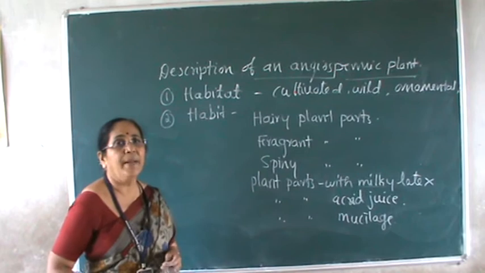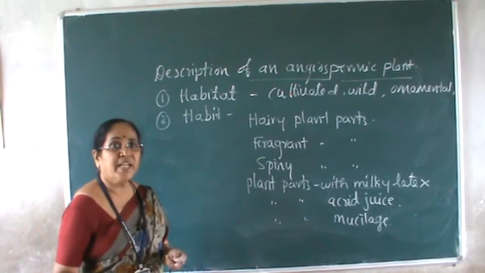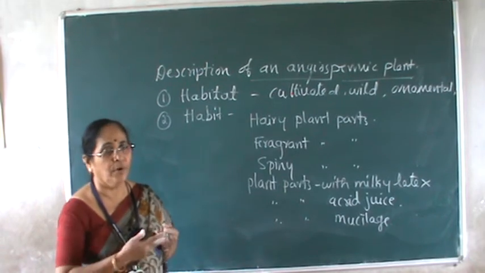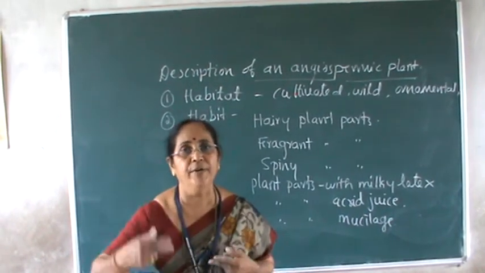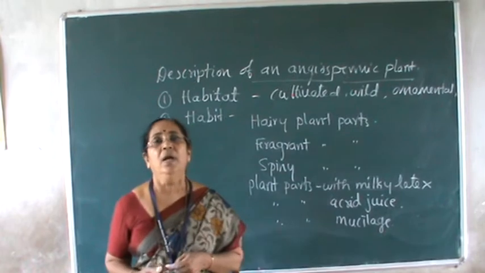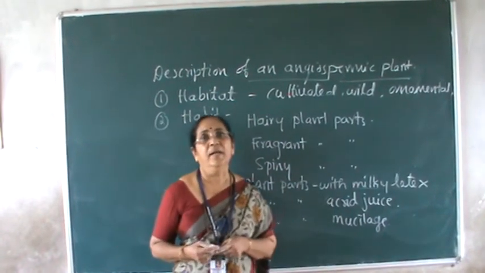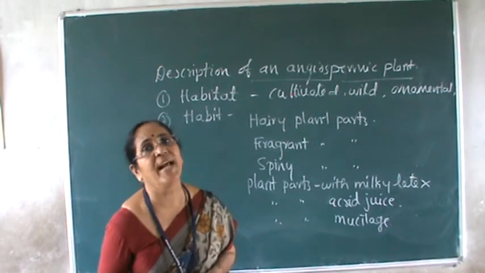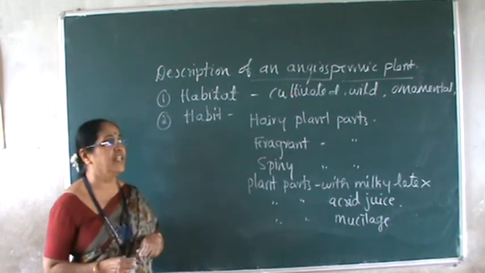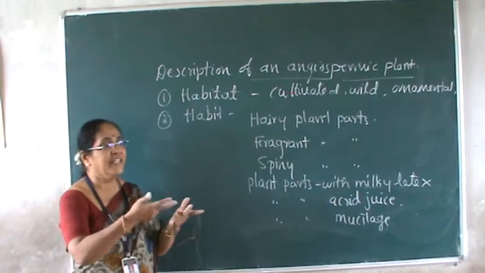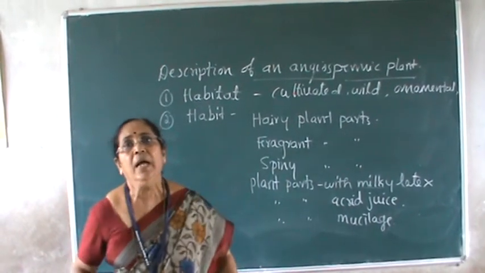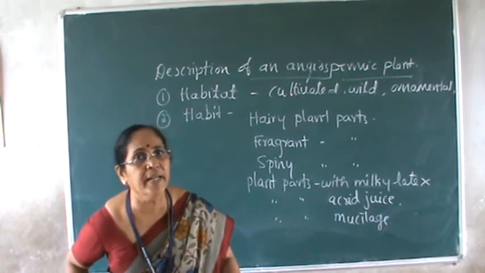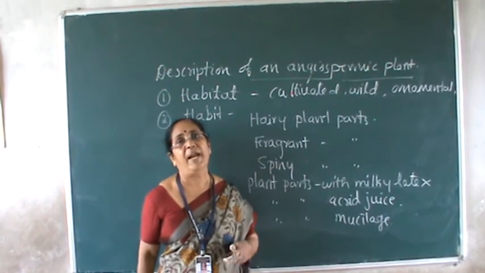So if you are describing the hibiscus plant, you can describe it as a perennial shrub, right? It remains for a longer duration, more than 2 years. In that case, it is a perennial shrub having mucilage in the plant parts, mucilaginous plant parts. If you are describing a lemon plant or any citrus species, which are trees, orange, mosambi, etc., then you can describe it as perennial trees having very fragrant plant parts.